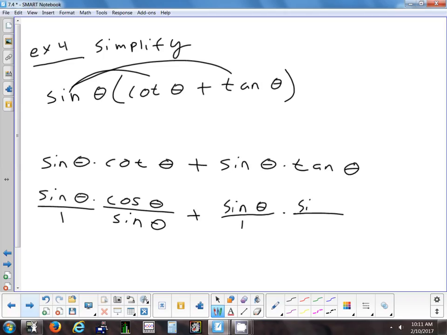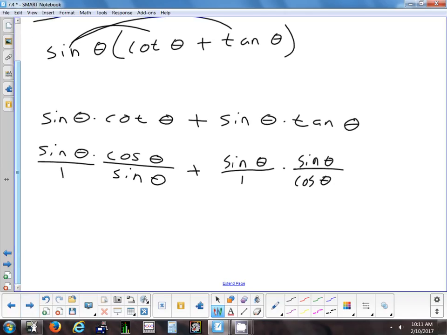Yep, you can write that as sine over cosine. Now, what does the first term simplify to? Cosine. Yeah, just cosine. You can always cancel across the multiplication sign, never across an addition sign. All right, so we get cosine. No denominator, so if you want to put one, you could just put over 1.